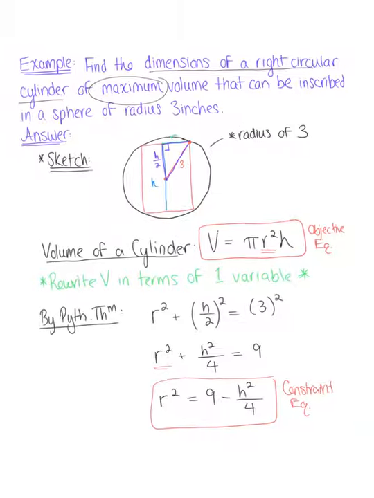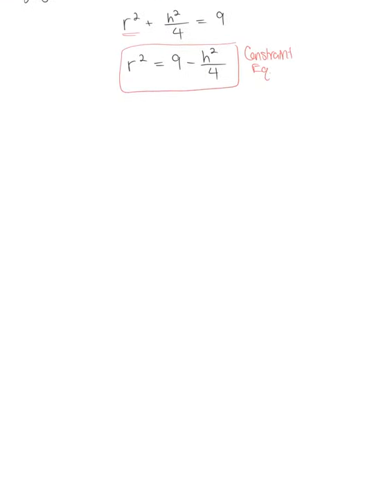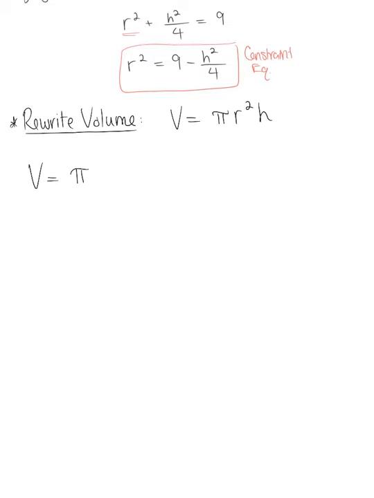And this will allow us to apply our first derivative test. So we are going to rewrite the volume. So we are again taking that volume, which was pi times the radius squared times the height, and we can now say that this is equivalent to pi multiplied by 9 minus the height squared over 4 multiplied by the height.